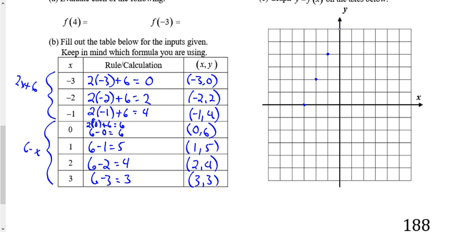Do they both share 0, 6? Okay, so even if we include an open circle for this one, even though that's not included, this one would be a closed circle, and so it should be a closed circle, right?